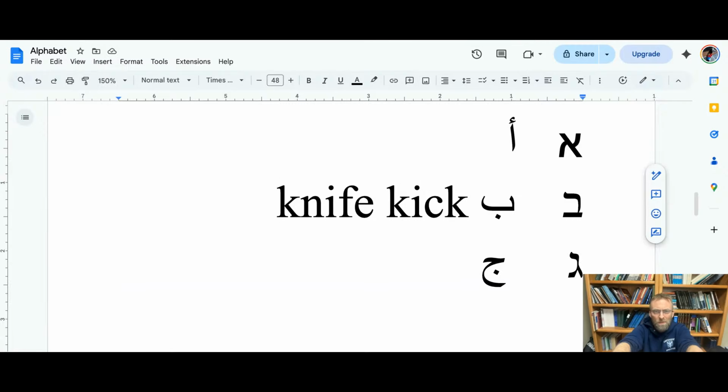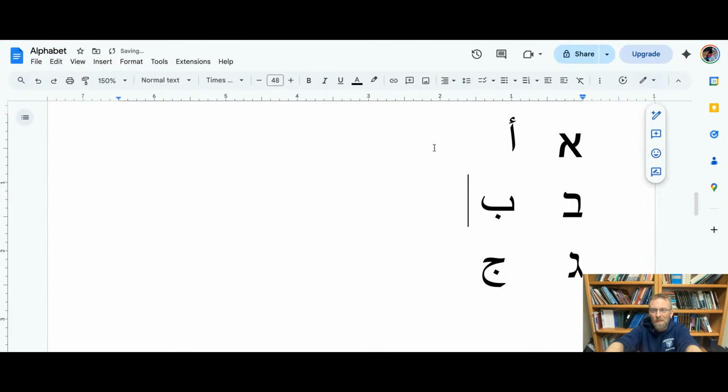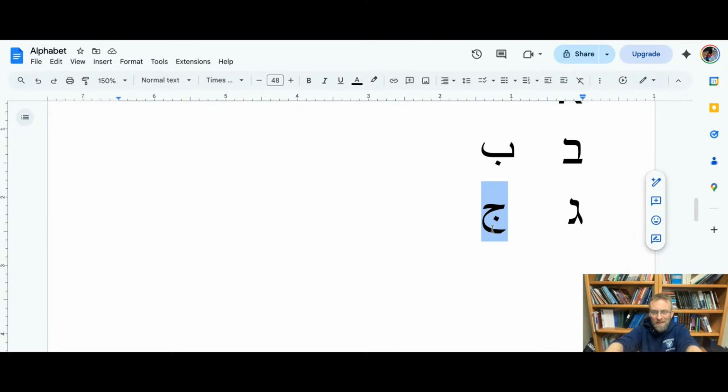You don't. You just learn the vocab. It's something you memorize, and eventually over time you'll learn rules, and that's how I think it's best to approach Hebrew. So we've got aleph, then bet, then gimel, which makes that gus sound. It corresponds to the Arabic jim. And now our final letter for tonight is going to be dalet.